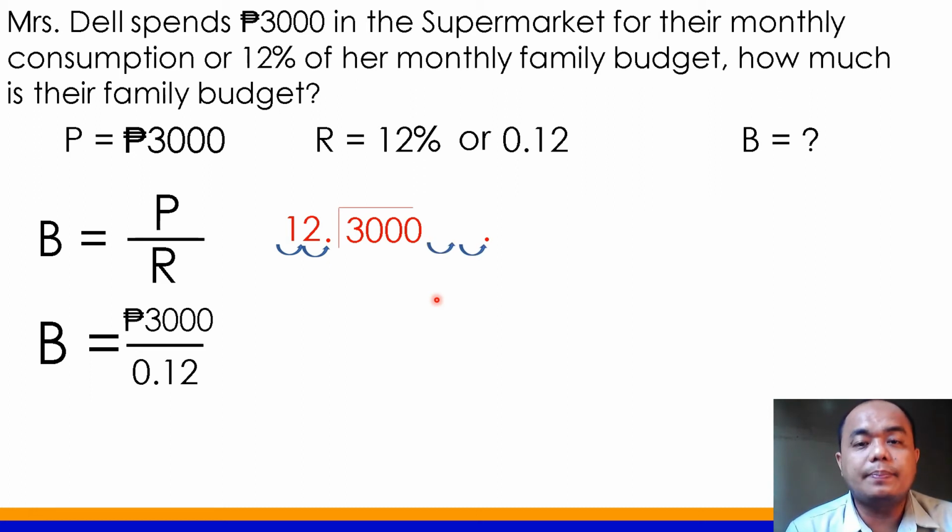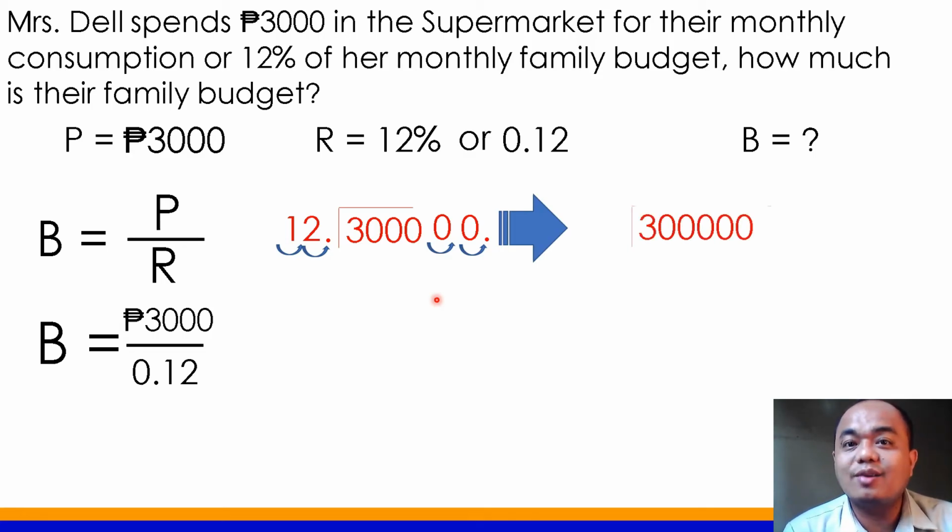So of course, malilipat na yung decimal point dyan. Pero, mag-a-add tayo ng 0. Para hindi ka maguluhan, you can write another number here para sa iyong solution. So yung 3,000 na sa loob magiging 300,000 na. And then i-divide natin sa, instead of 0.12, magiging 12 na yan.